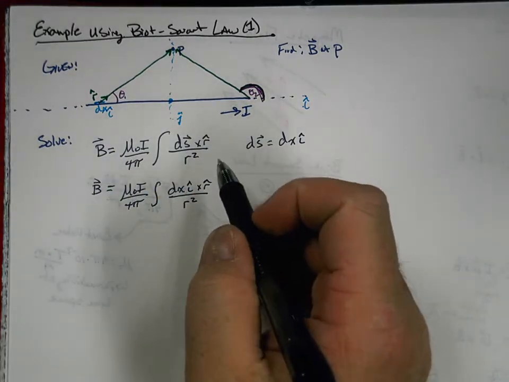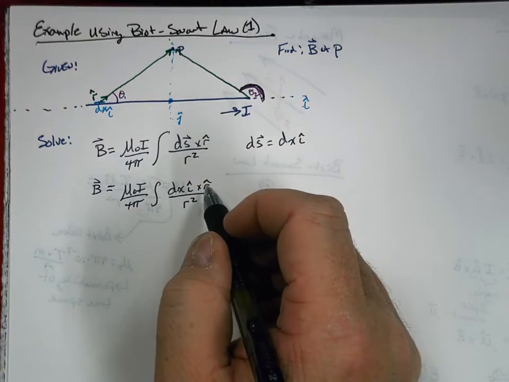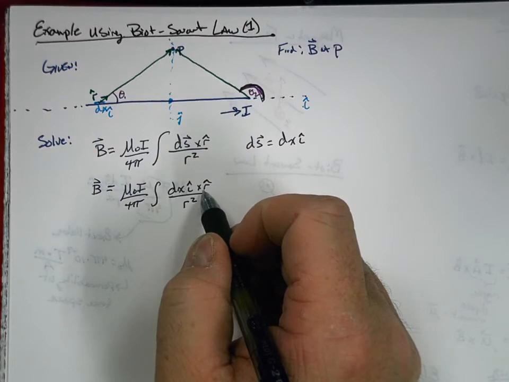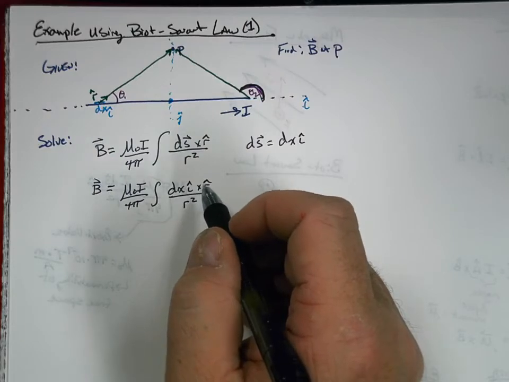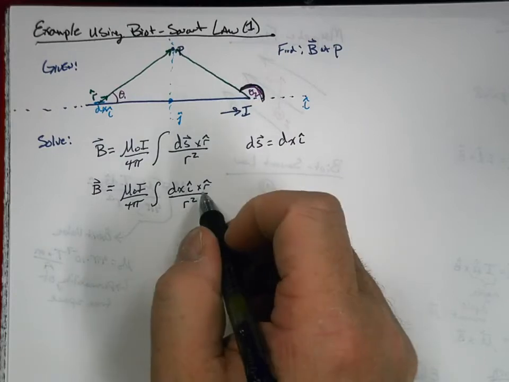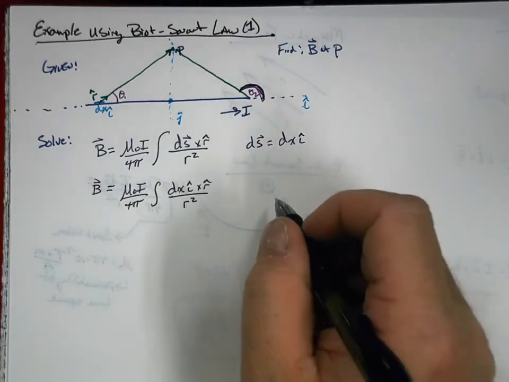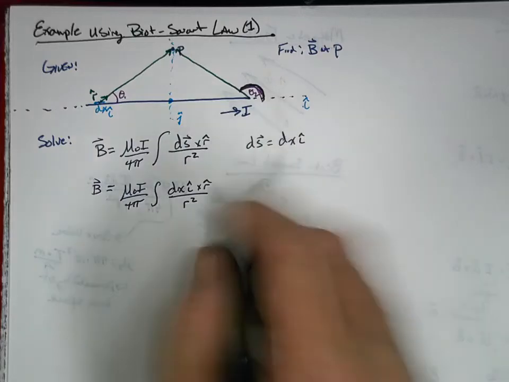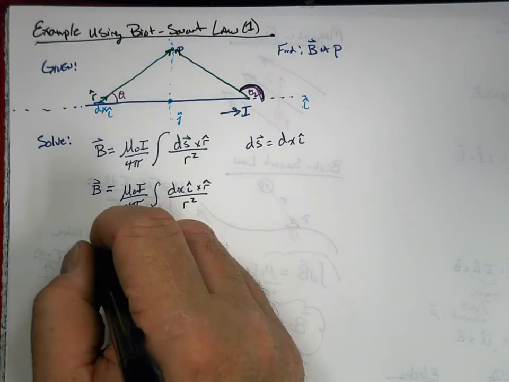Well, i hat and r hat are unit vectors, right? They're dimensionless, they're just a direction. All that's going to give us is sine theta. Like if we have a cross b, the value of it is a b sine theta. But if these are unit vectors, then the magnitudes just disappear.